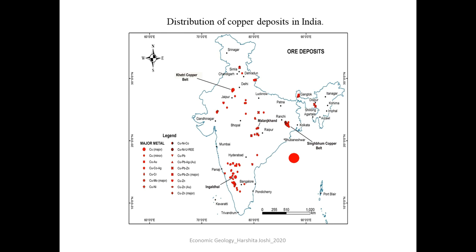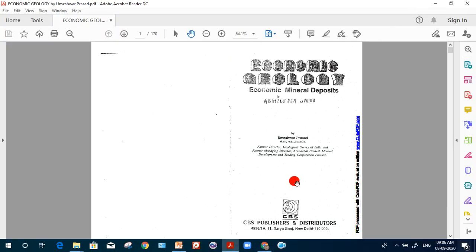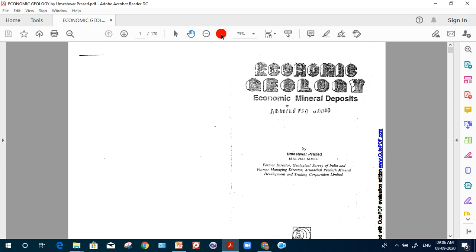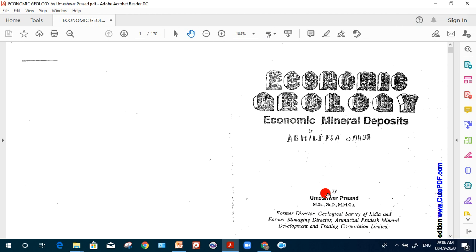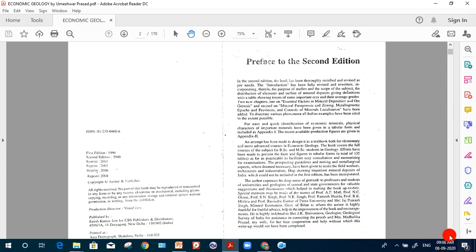So today I have also provided you with a textbook by Umeshwar Prasad. Okay, this is a book of economic geology, economic mineral deposits by Umeshwar Prasad. You have to follow this book throughout. So let us see the contents of this book once.